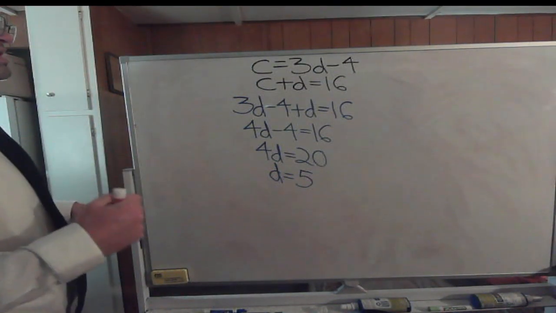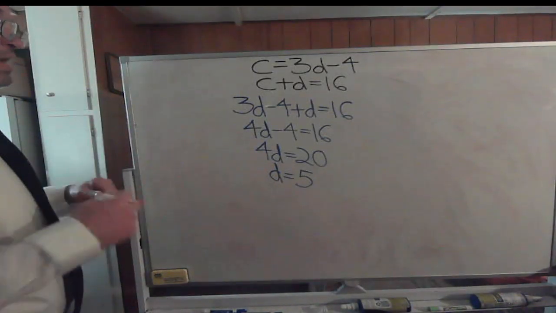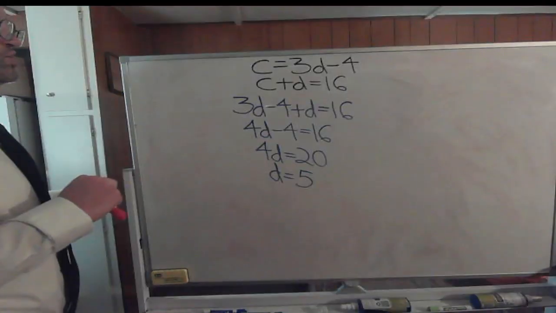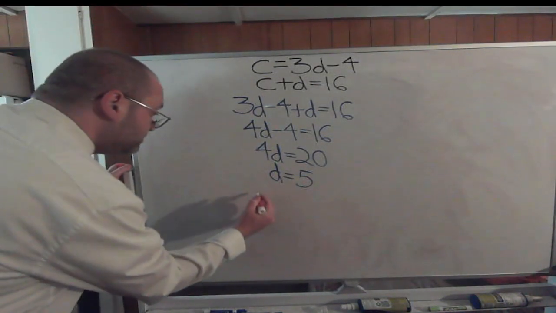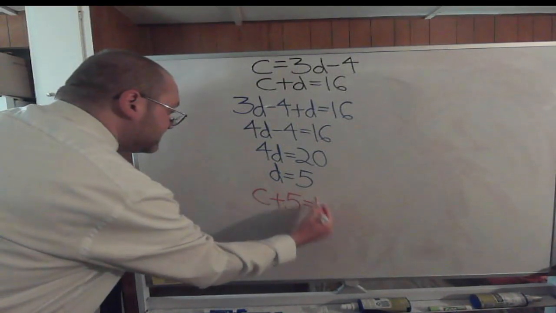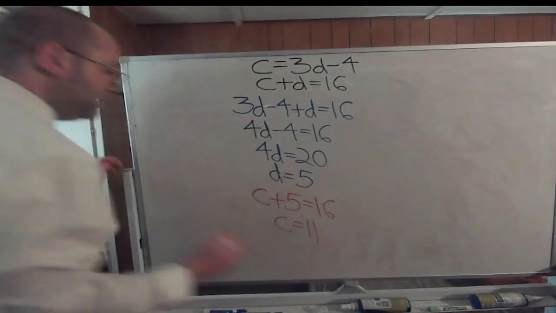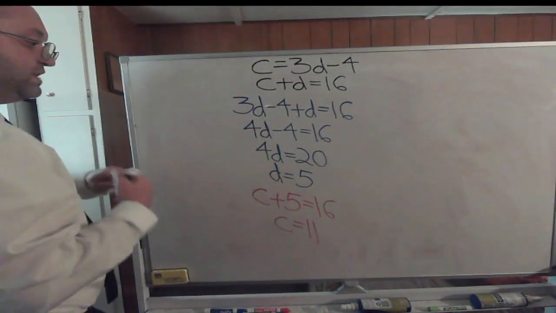Now we simply must find the c coordinate. This time I'm actually going to go with the second equation. We'll have c plus d equals 16, so we'll do c plus 5 equals 16, which would mean that c equals 11. So the c coordinate's 11, the d coordinate's 5.